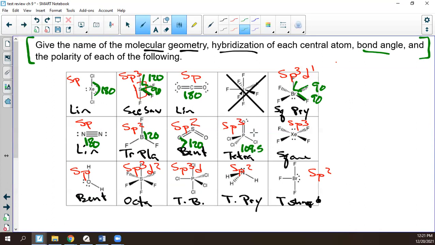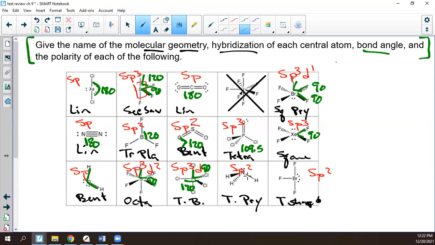Okay, 109.5. Now, technically, this would be a little bit less because the O, but we're not going to stress about that. All right, what do we have here? 90s. What do we have here? Less than 180. I don't remember what it is, but we don't have to have that one memorized. All right, all of these would be 90. These would be 90 and 120.